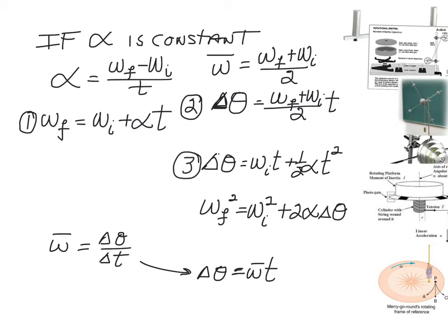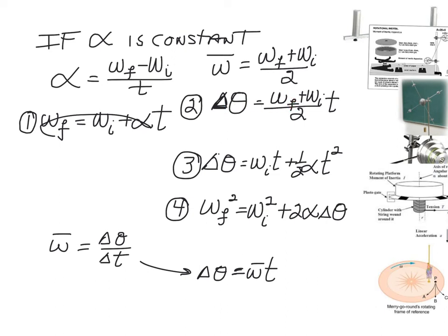And then if we take this and solve this equation for t and substitute that in here and multiply it out, we eliminate t, creating this 4th useful and convenient kinematics equation, similar to what we've seen previously.